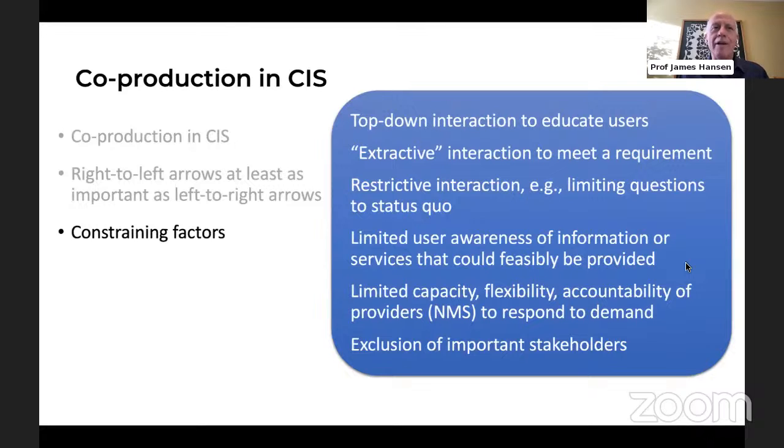This concept is widely adopted, but it doesn't always work. It is challenging in practice. So I'll give you a list of some constraining factors, some factors that can get in the way of effective co-production, and then I'll give you a list of enabling factors. So we said that co-production involves interaction between service providers and service users.